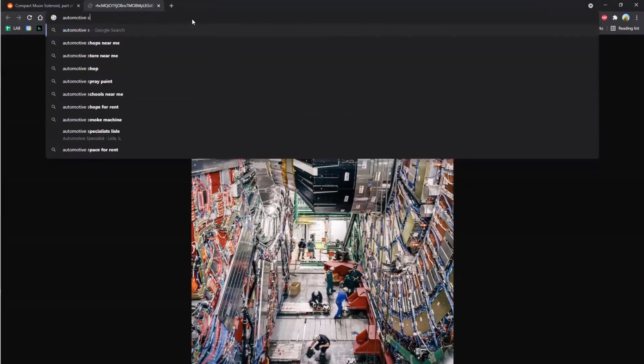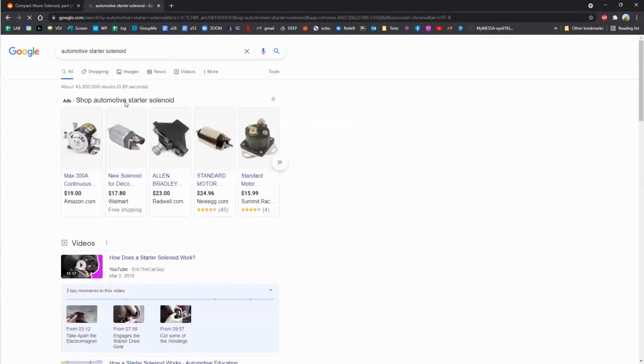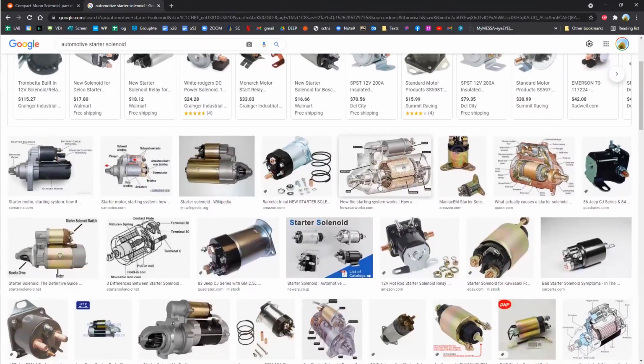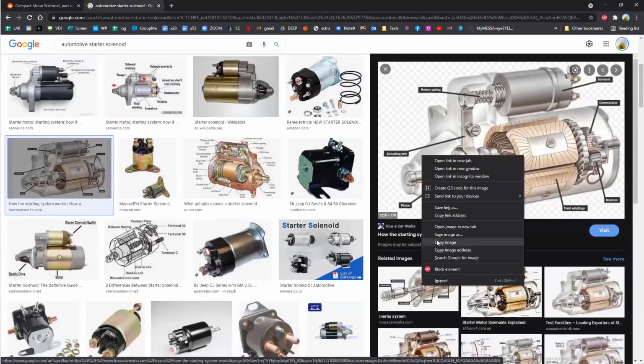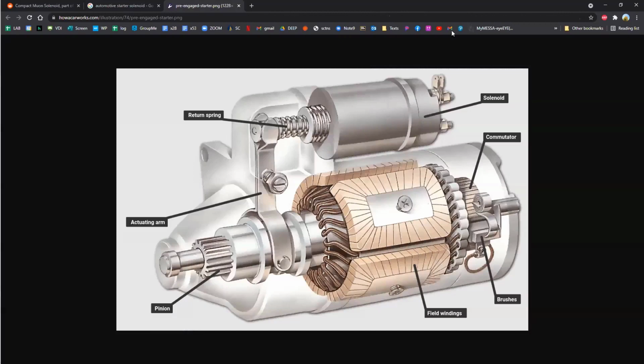And then you have the automotive starter solenoid. On literally the extreme other end of the spectrum, in your car, we all have these little solenoids that start up your engine. Here's a picture. This little gizmo is in our cars.